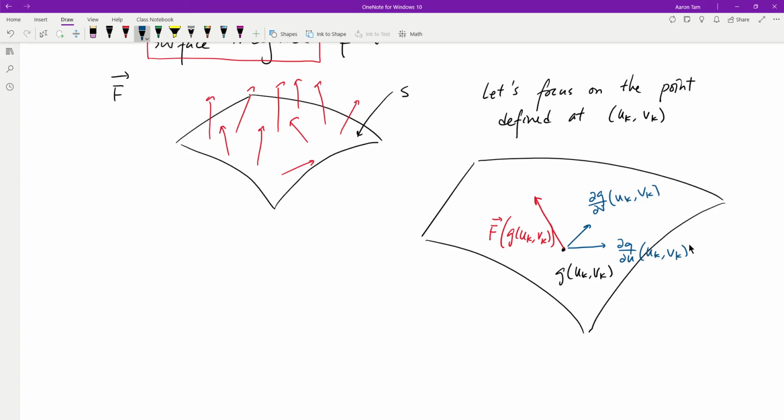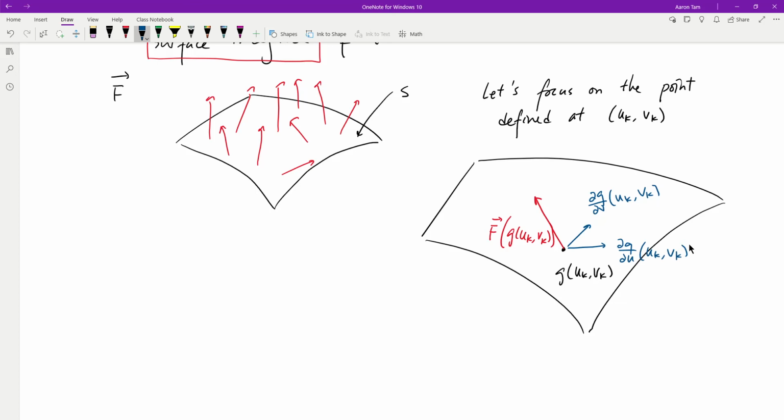But I'm not actually interested in forming an entire tangent plane. What I'm interested in is to form a small area where I can assume the vector f remains the same, so that I can actually have some consistency in calculating the surface integral.